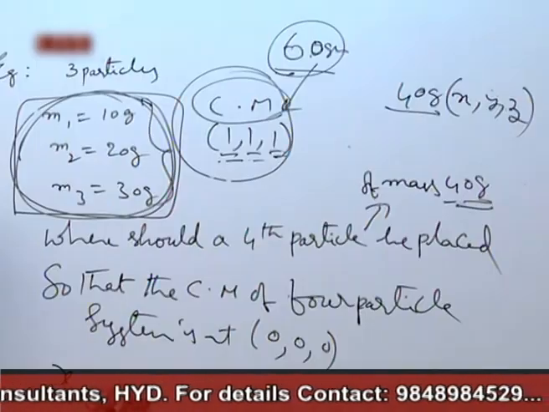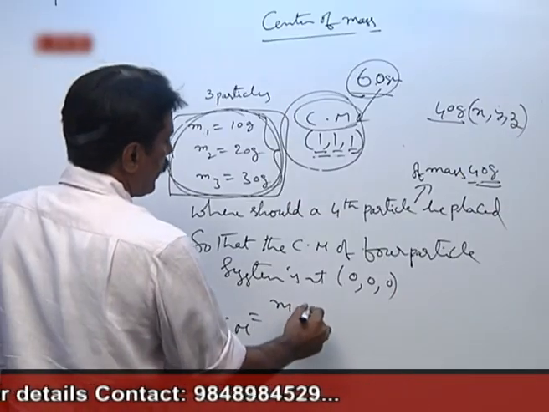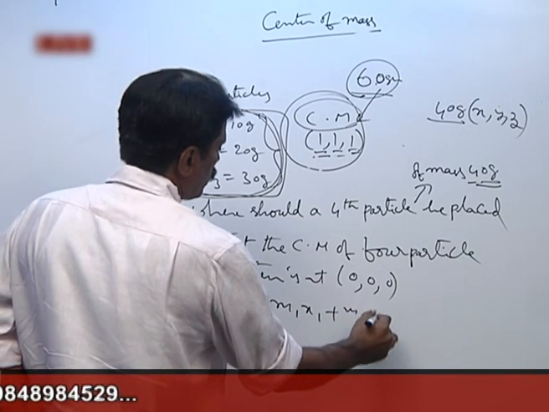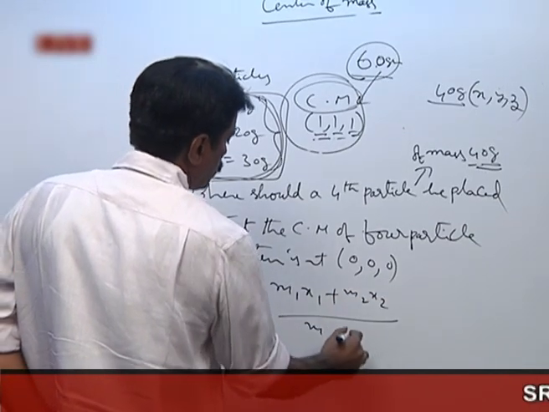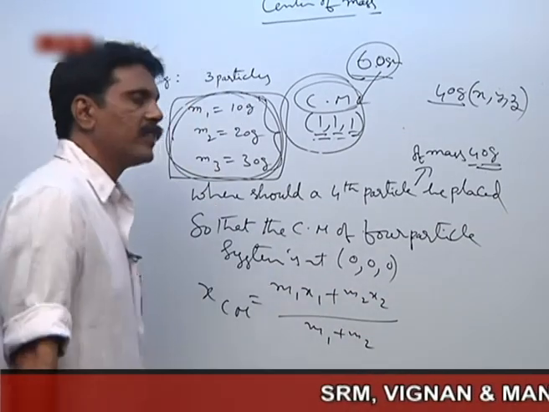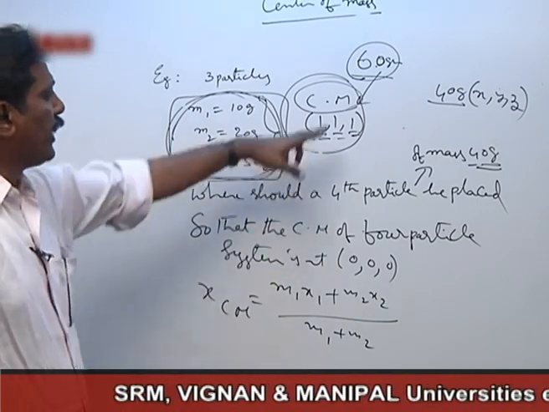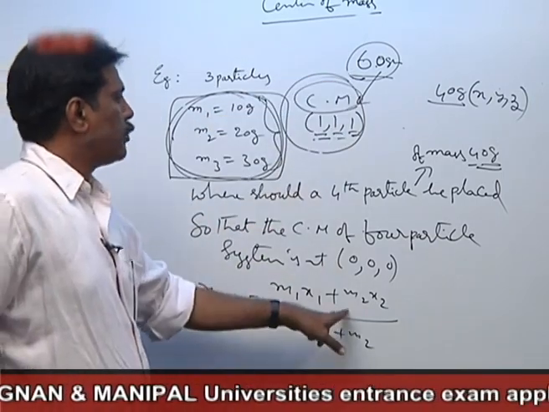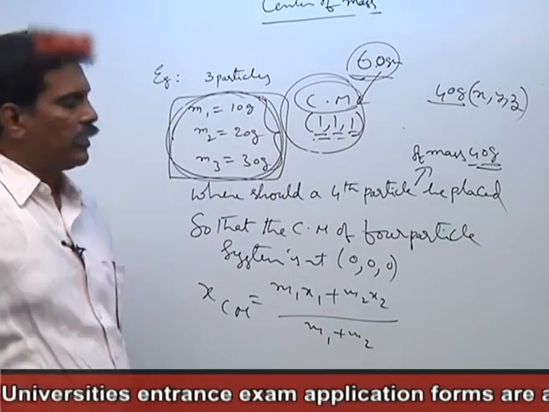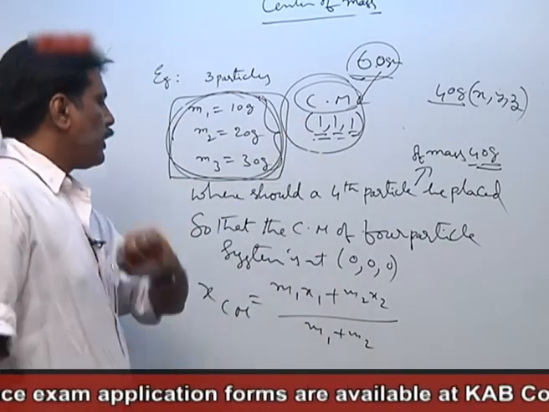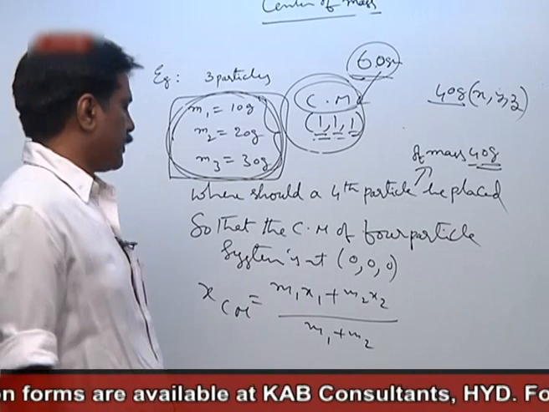We can apply this formula: X_CM equals (M1 X1 plus M2 X2) by (M1 plus M2). In place of M1 you can take 60 grams, in place of M2 you can take 40 grams. Then X1 will be equal to 1, X2 will be equal to x.